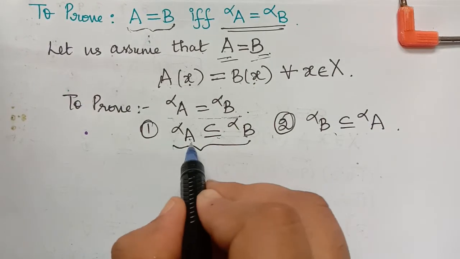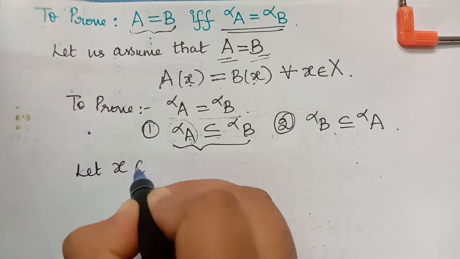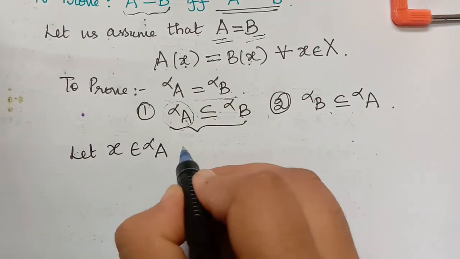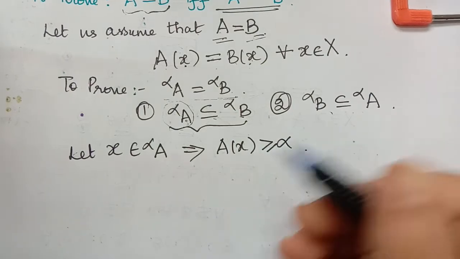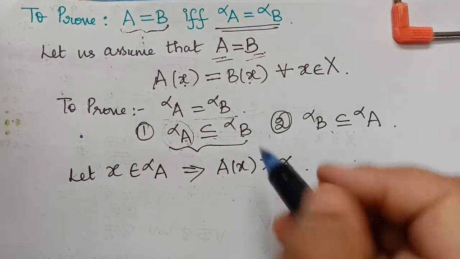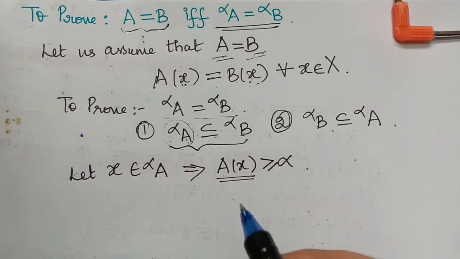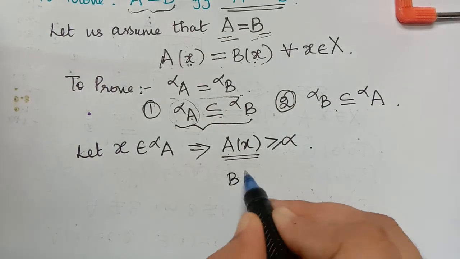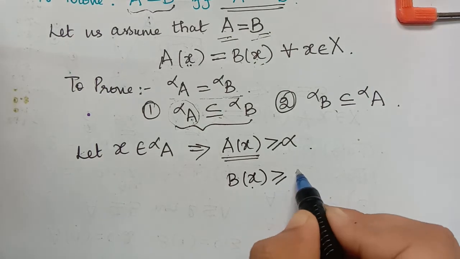So first let us prove this. To prove this, we shall assume one element from alpha cut of A. Let X be an element of the alpha cut set of A. Then A of X is greater than or equal to alpha. Because A of X is equal to B of X, we can replace A of X by B of X. So B of X will also be greater than or equal to alpha.